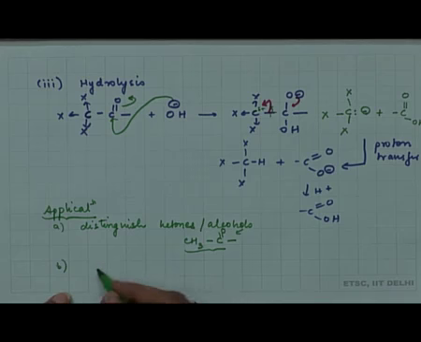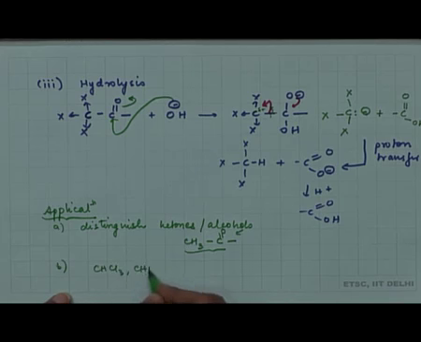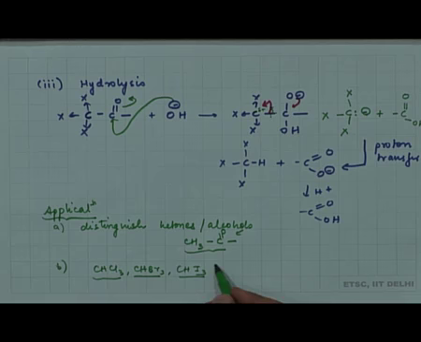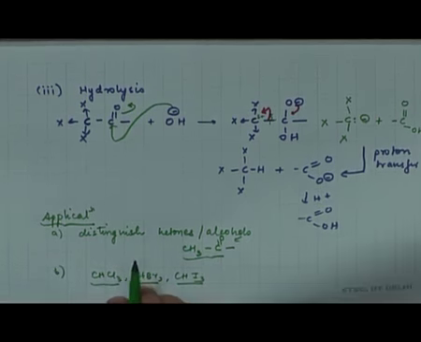It is also used for the preparation of chloroform, bromoform and iodoform. This one is a local anesthetic, this is a general anesthetic, and this is an antiseptic. So, it is used for the preparation of these compounds. This is an important reaction.